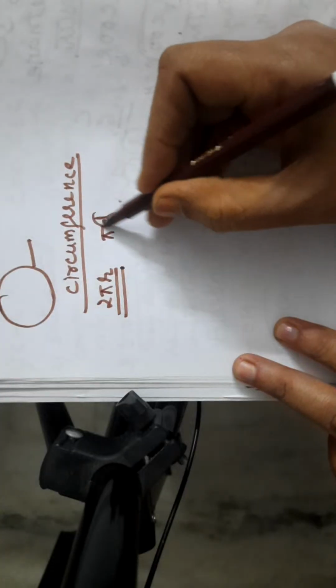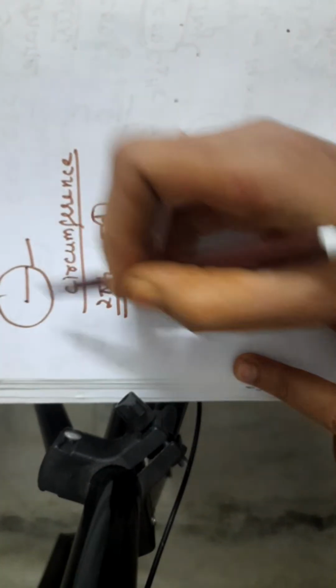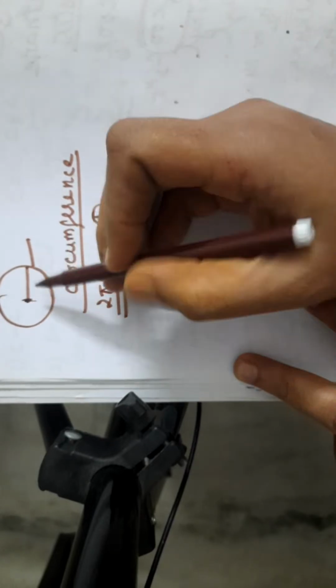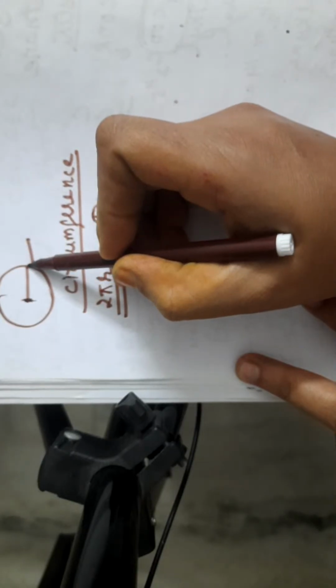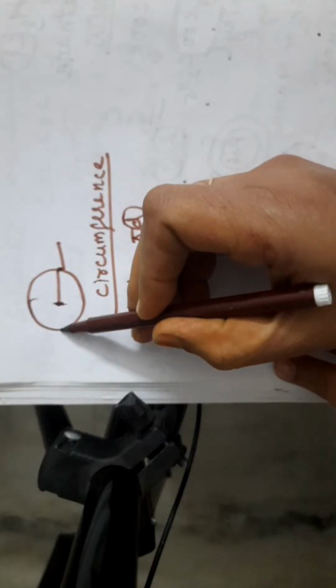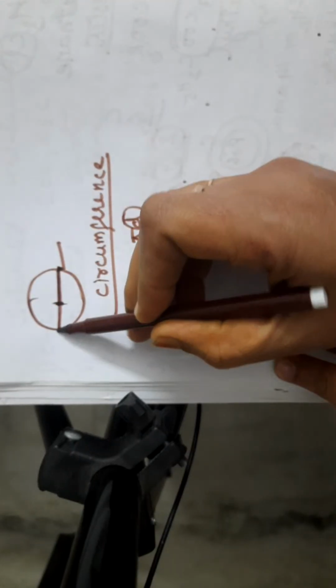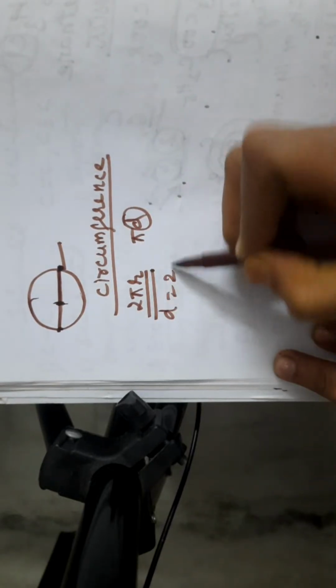So what is this d? A circle has a radius. Radius is the distance between the center and any external point. And diameter is a line which joins two points on the circle. Diameter is twice the radius.